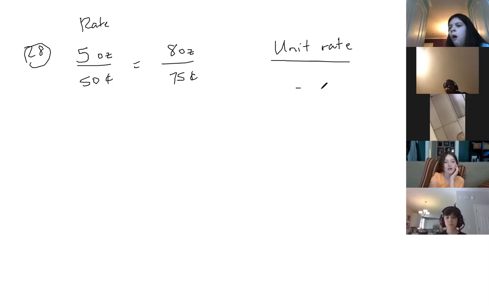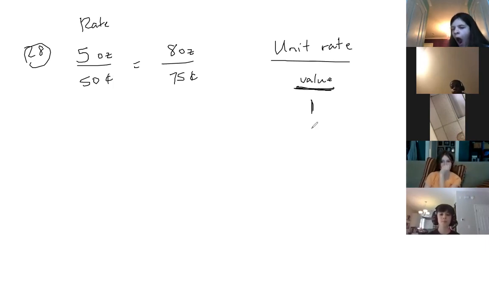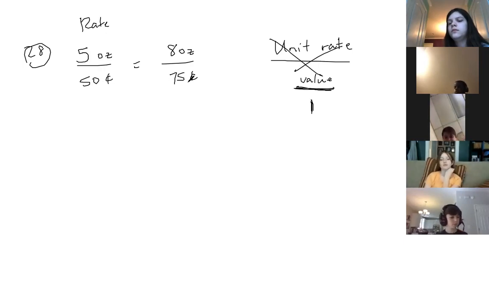It has to be some value per or over one thing. Is this 5 ounces per 1 cent? No, that's 5 ounces per 50 cents. So these are not unit rates because they're not per one specific unit.